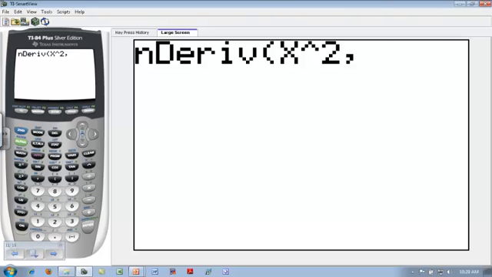The second thing you have to put in is the variable that you're taking the derivative with respect to. We are taking the derivative with respect to x. Remember it was dy dx on that other screen? With respect to x. The last thing we put in is the place where we want to take the derivative, when x equals 1.